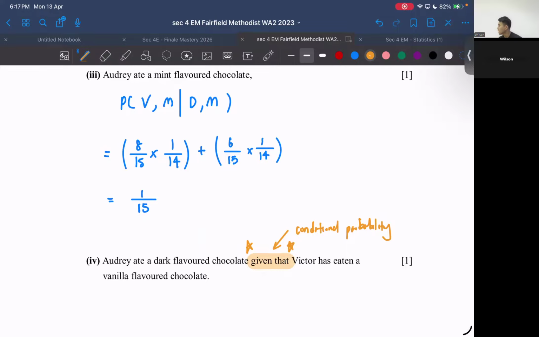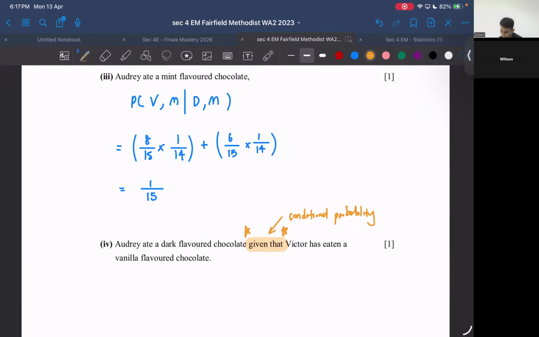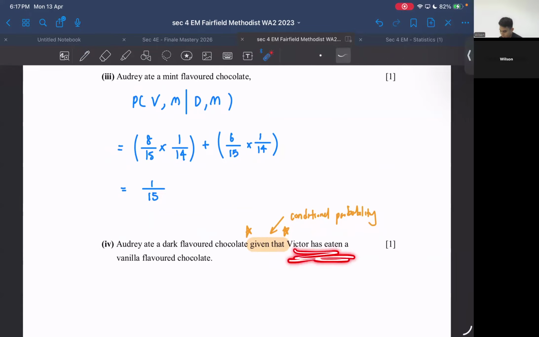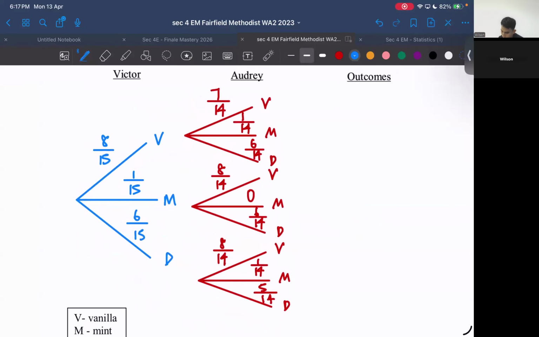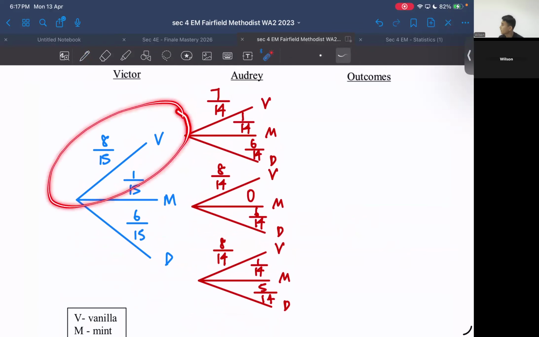Okay. Now, this is the branch where Victor has eaten a vanilla flavored chocolate. So in this case, we want to find the probability that Audrey ate dark, and the dark chocolate over here is 8. So that means when we are looking at this, Victor has eaten a vanilla, so we are actually looking at this one over here.